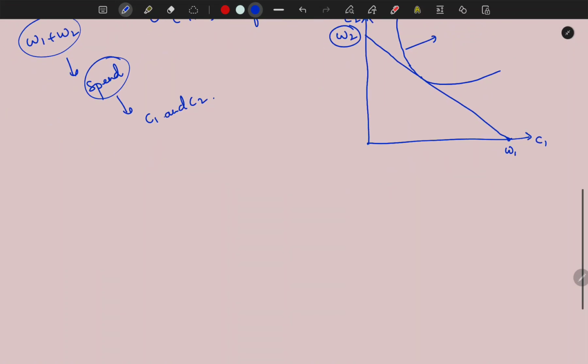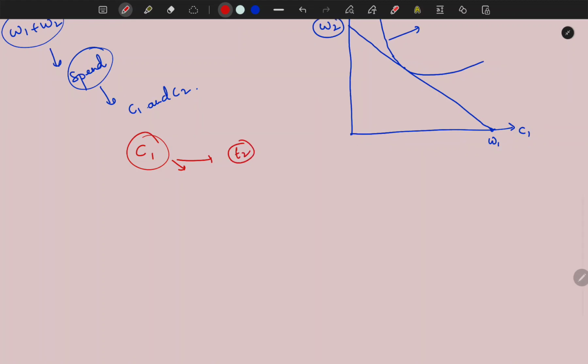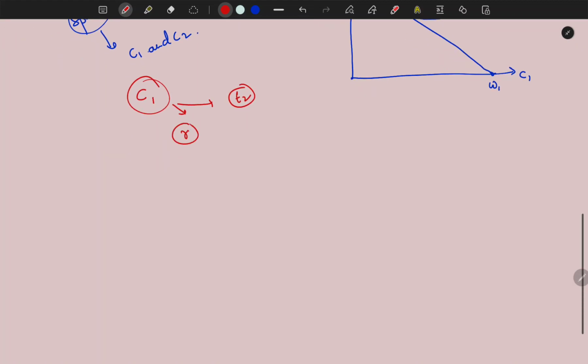Now, let's assume that there are a few other cases here. If a person is consuming in period 1, but instead he saves something in period 1 and takes it to period 2, he is going to earn interest rate, that's R. We'll consider that also.